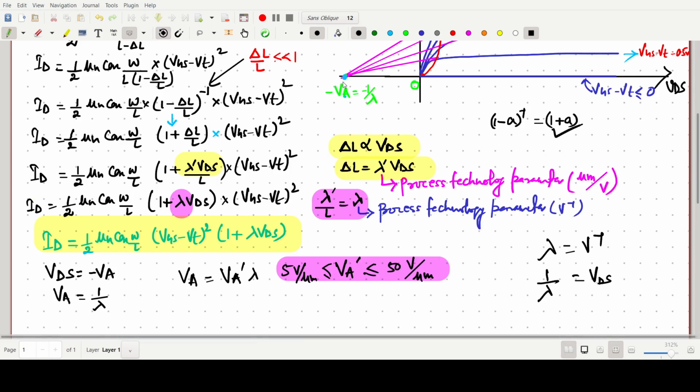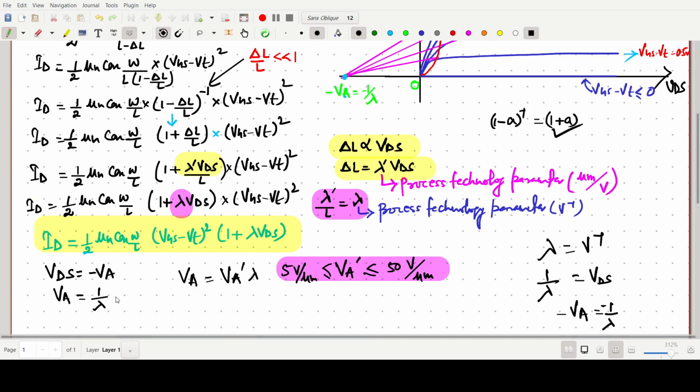If we go in this direction, this can be written as VA equals to 1 by lambda. But this VA is negative, so if we neglect the negative x-axis, we can write directly VA equals to 1 by lambda, or minus VA equals to minus 1 by lambda. That's why we represent this as the early voltage, VA equals 1 by lambda.